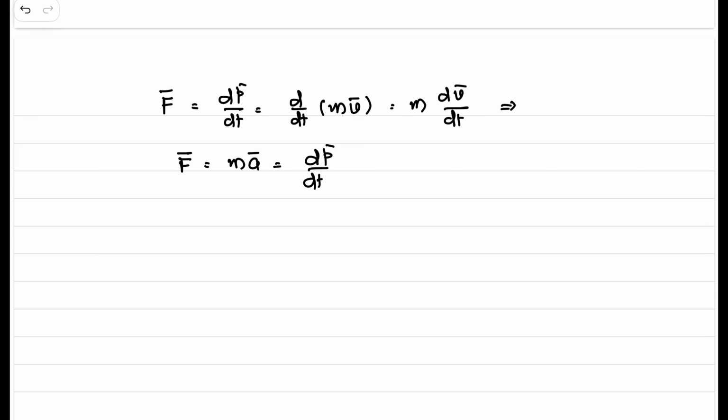Now, when force is applied, what happens? There will be a change in the momentum. Rate of change in the momentum directly indicates force.